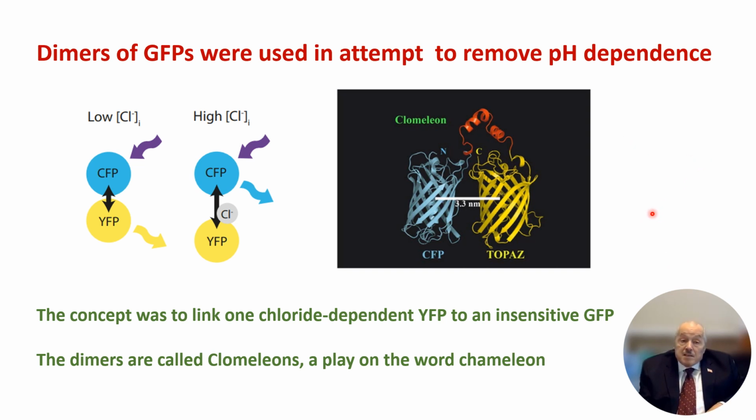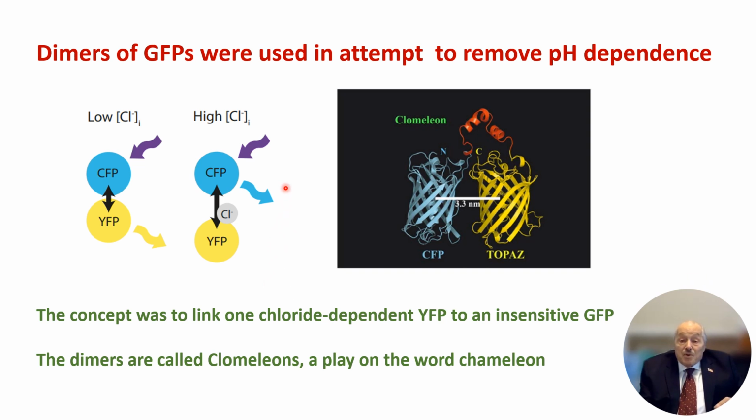So the concept that came up was to use dimers of GFP, just like inserting GFP into cells. You can insert longer gene sequences that contain two GFPs.